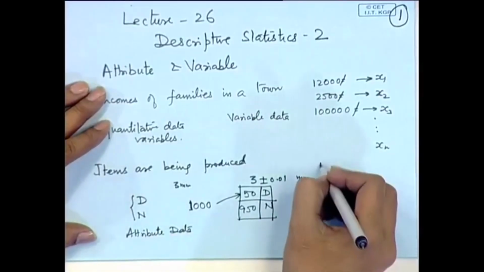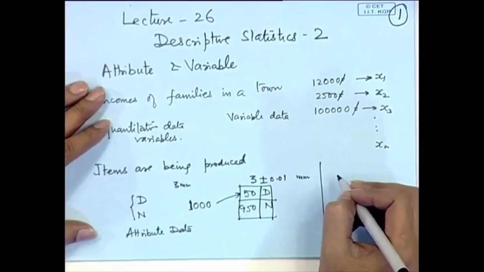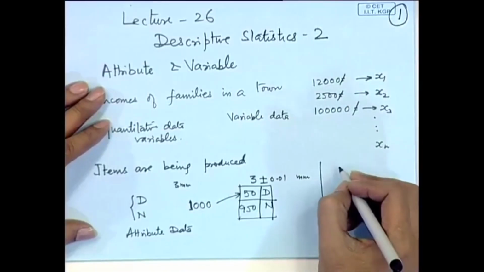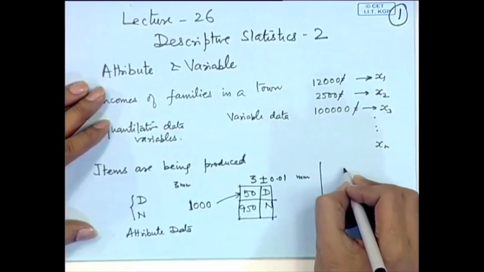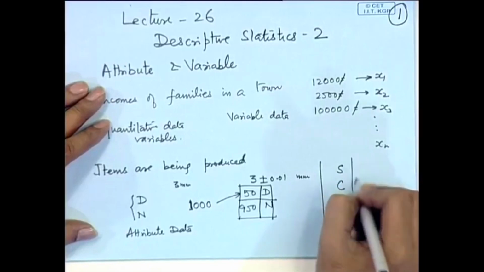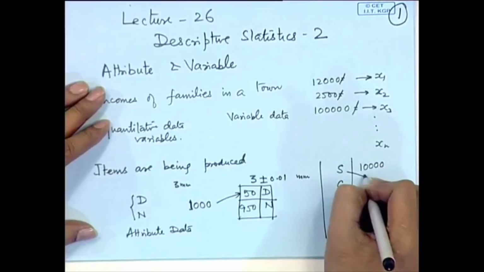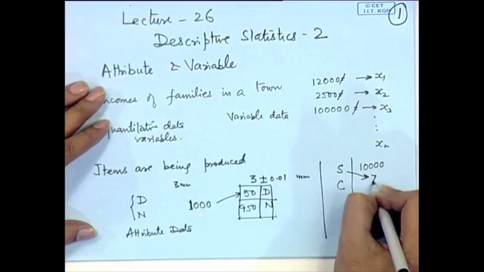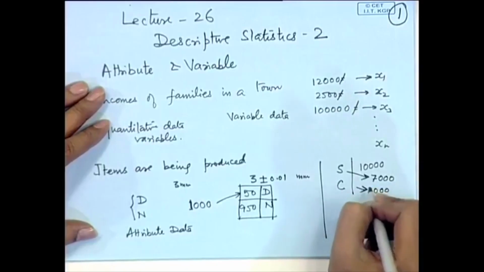For example, if we are looking at a population of students, we may classify them as school students or college students. Each student may be a school student or a college student. If we have say 10,000 students, then out of this maybe 7,000 are school students and 3,000 are college students.